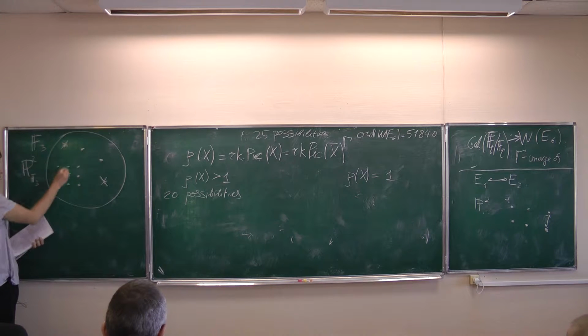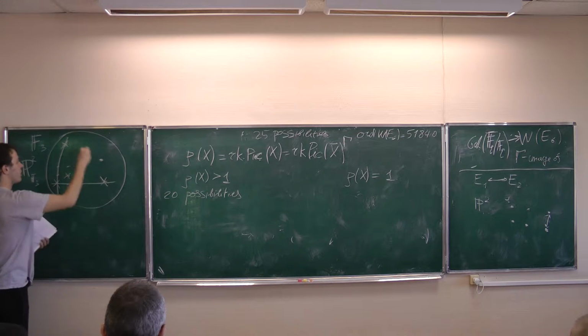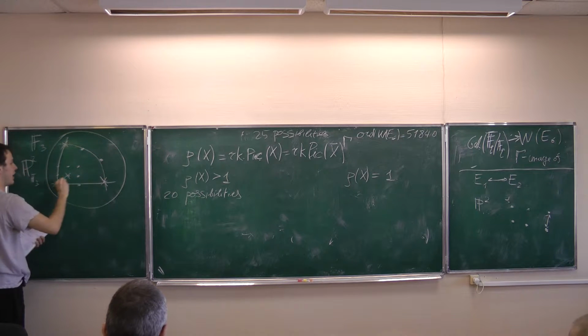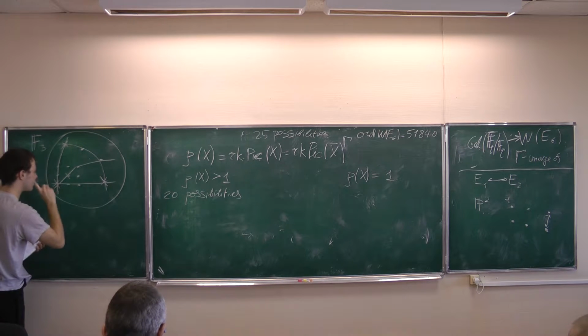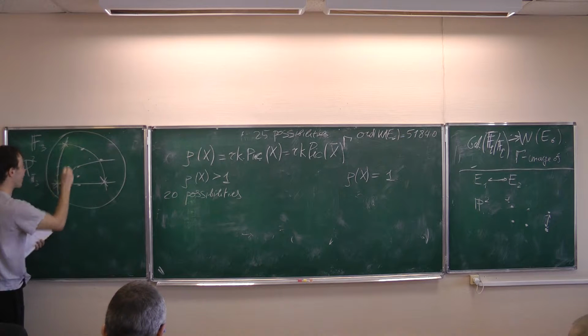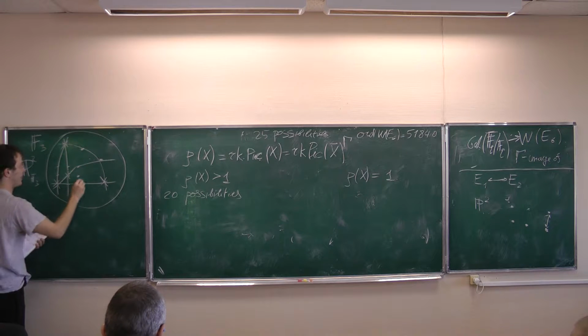So we can blow up 4 points on the projective plane, but when we do it, then lines pass through these points.